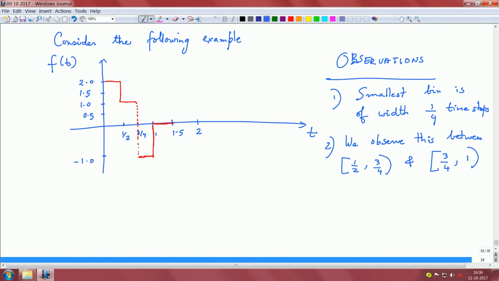This is a semi closed interval just to indicate that this is a point of discontinuity.